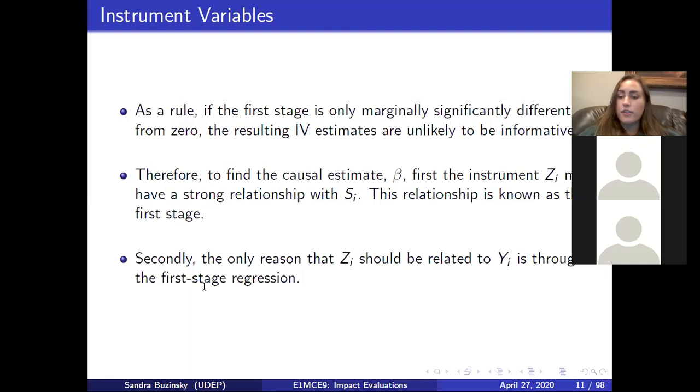So if there's any other relationship between Zi and Yi, then that's containing other effects that we don't want to contain, right? So that's really the reason why we need this kind of singular channel from Zi to Yi through our X. And that's what makes it so hard to find a valid instrument, because we can think of a million instruments that satisfy relevance, but to satisfy exclusion and relevance is just insanely hard.